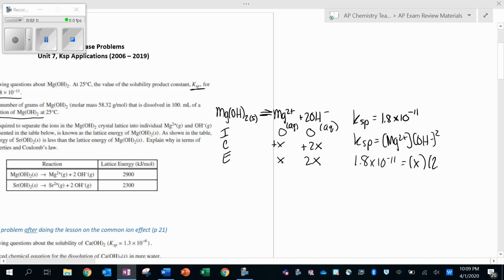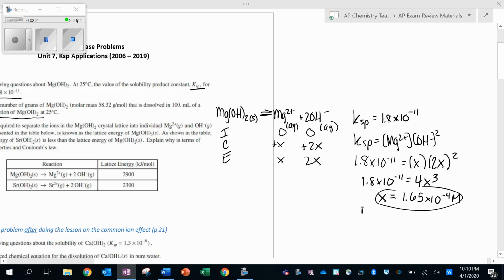This is x, this is 2x squared. I end up with this equation right here. If I solve for x on my calculator, the value of x is 1.65 times 10 to the negative 4th molarity.